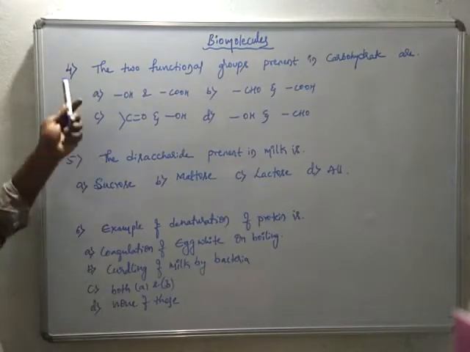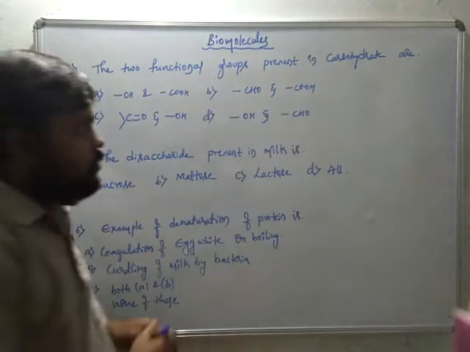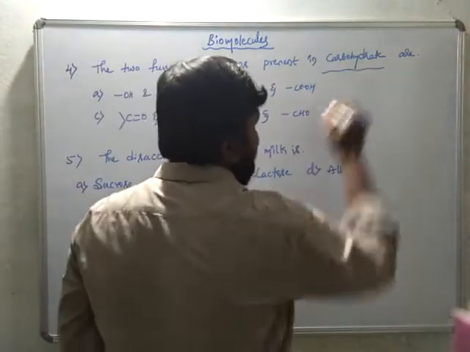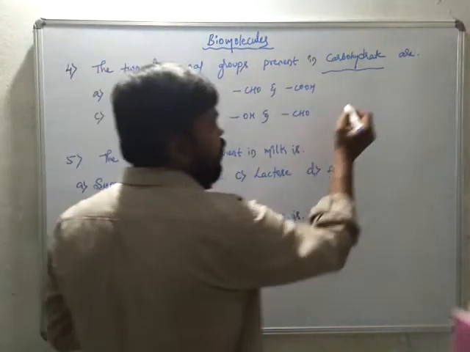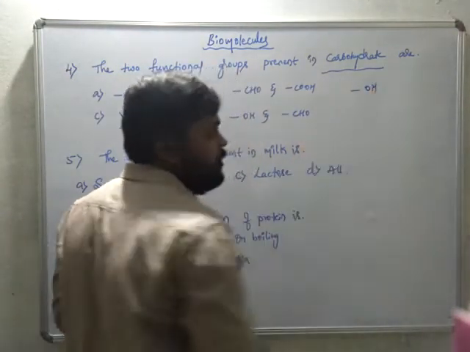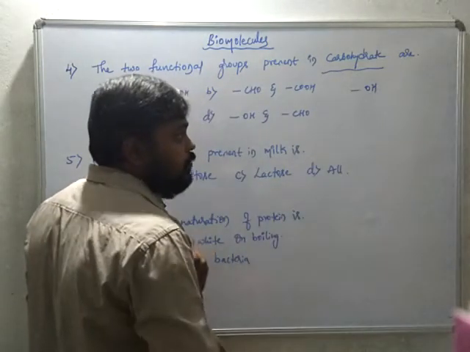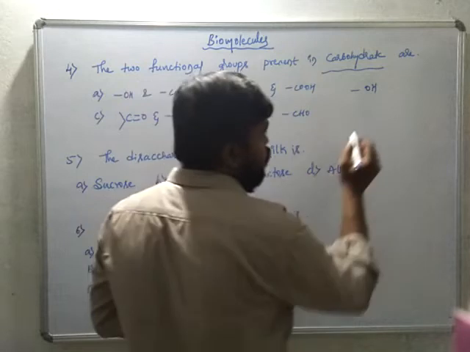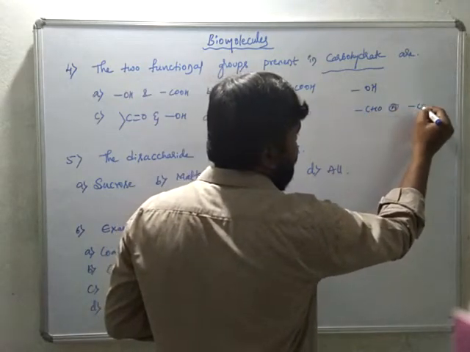The next question is: the two functional groups present in the carbohydrates are? The definition of carbohydrates itself indicates that these are polyhydroxy derivatives of aldehydes and ketones. Polyhydroxy means more OH groups are there. Either an aldehyde group or a ketone group will be there.